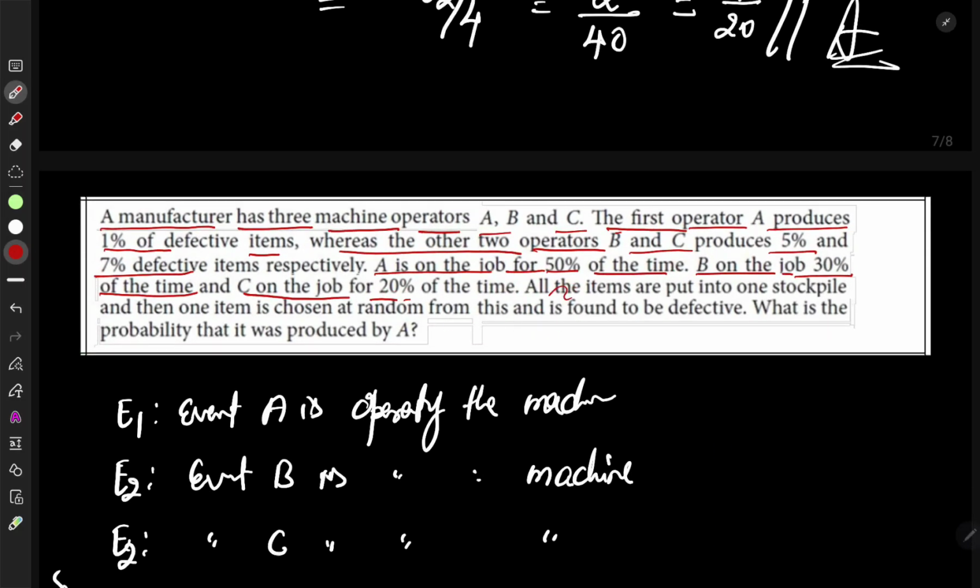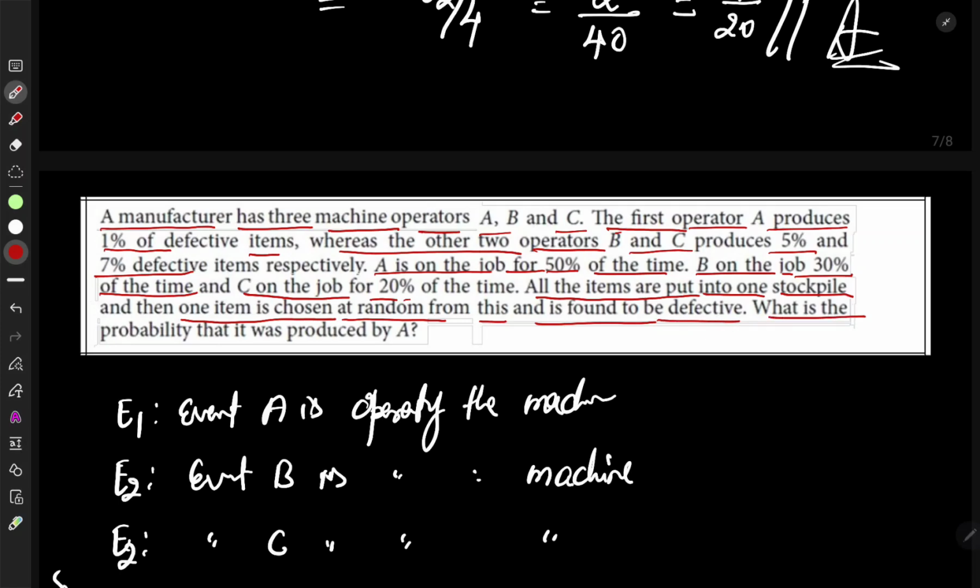Now, all the items produced by the machine, whatever the items the operators are producing, the machine is producing, are kept in the stockpile, and then one of the items is chosen at random from this and is found to be defective.